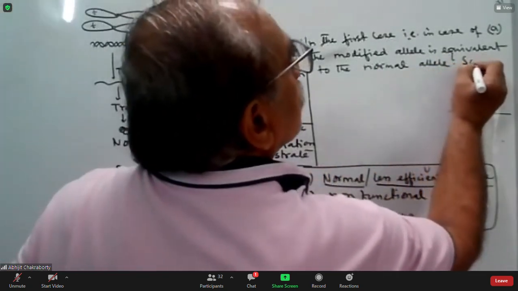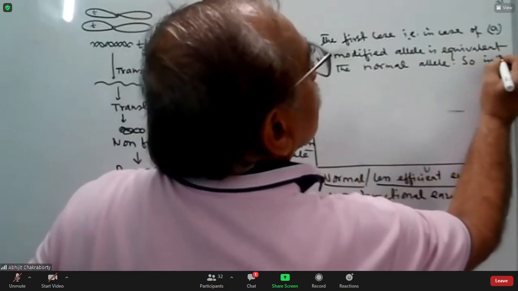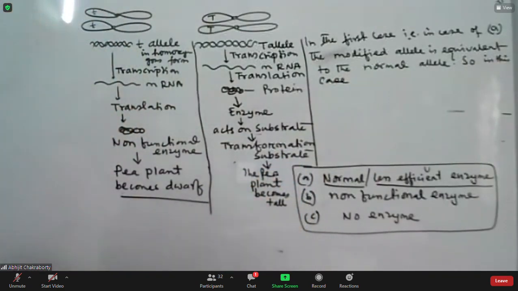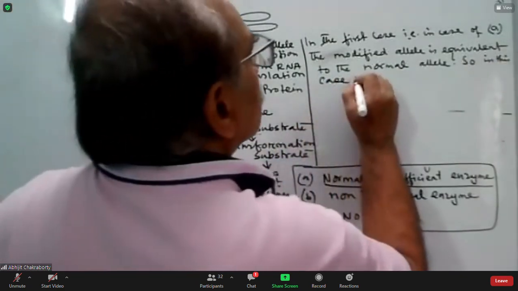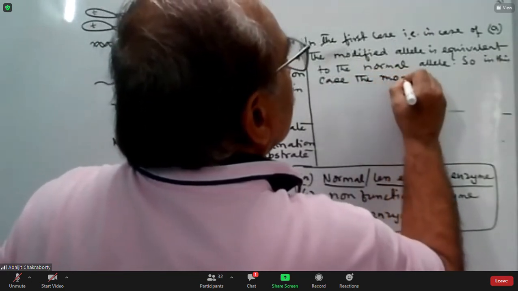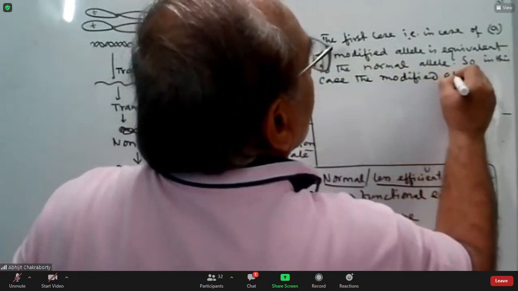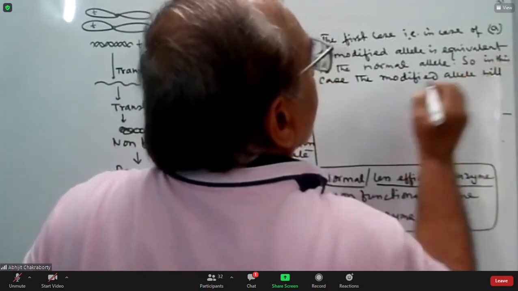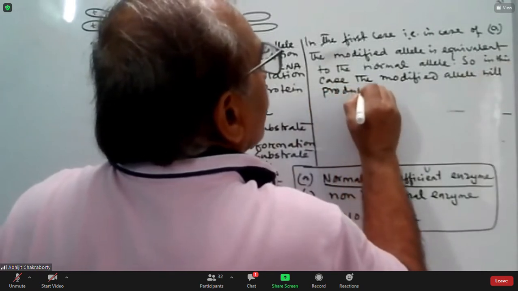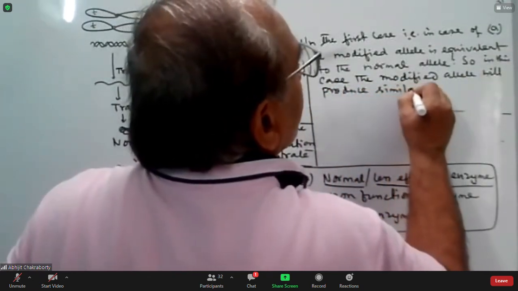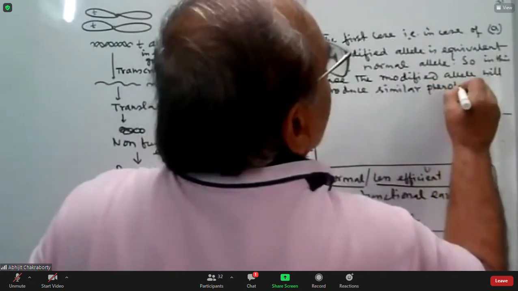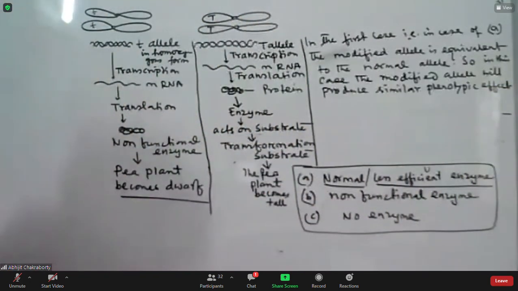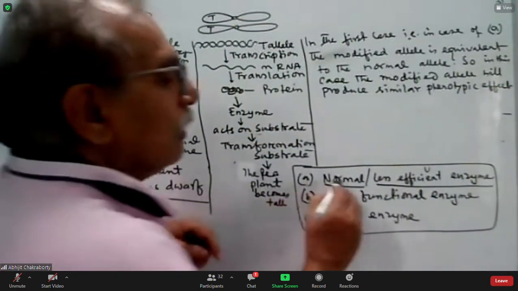So in this case, the modified allele will produce a similar phenotypic effect, as it is producing the normal or less efficient enzyme.